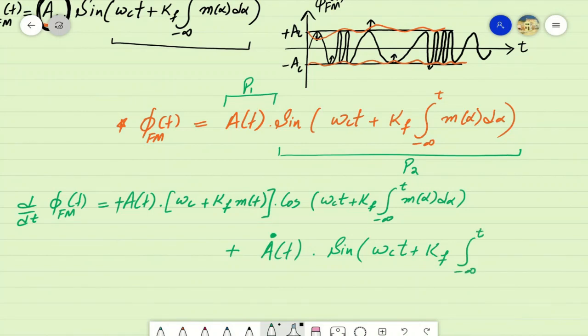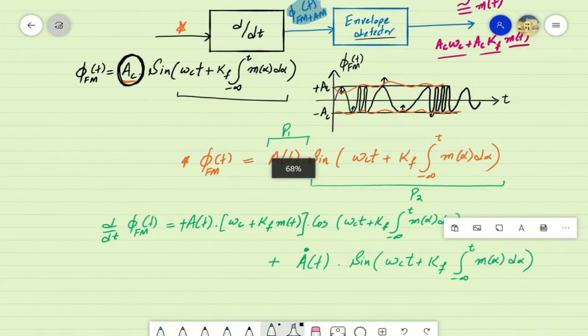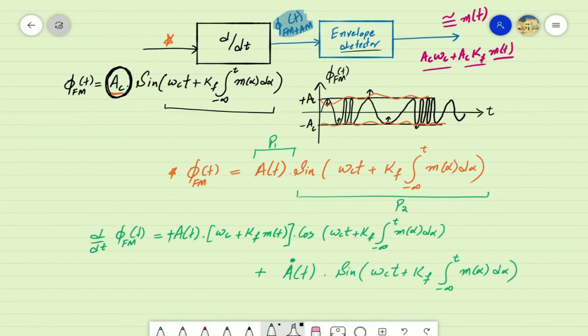So for this problem, the peak amplitudes of frequency modulated signals received at the receiver are not constant along time, as there are some variations introduced by the noises and by some distortions imposed by the wireless channel. At the output of this derivator, ideally a joint frequency and amplitude modulated signal was expected, whereas in this practical case, at the output of this derivator we have received a signal which has two parts being added.